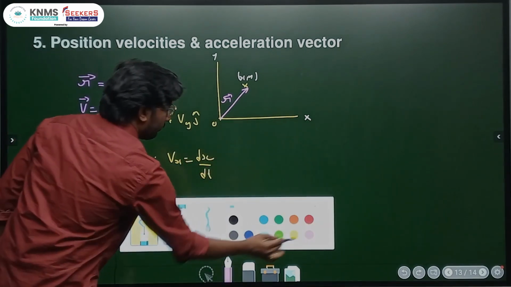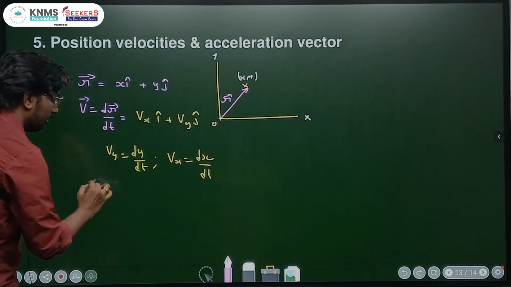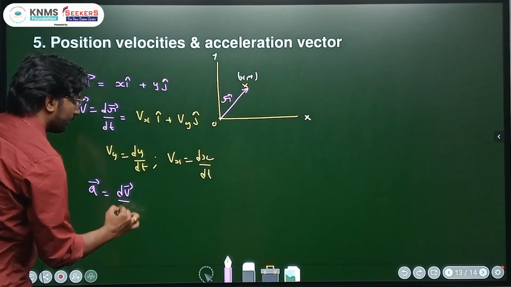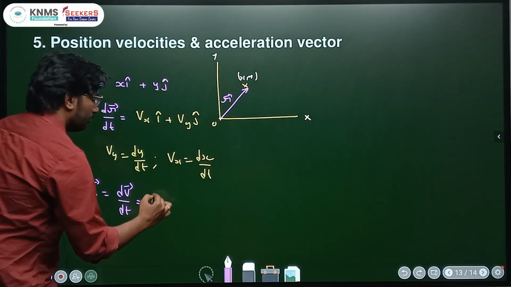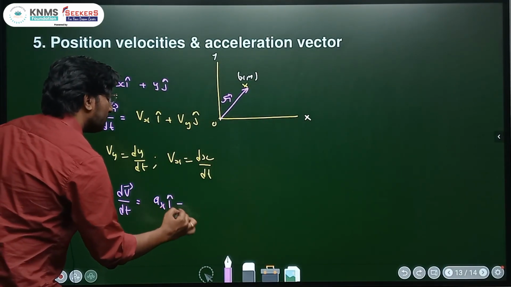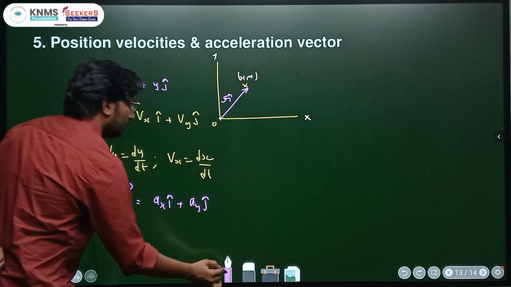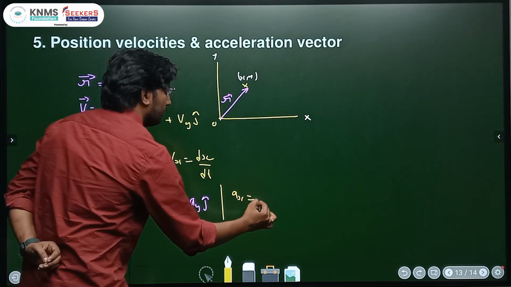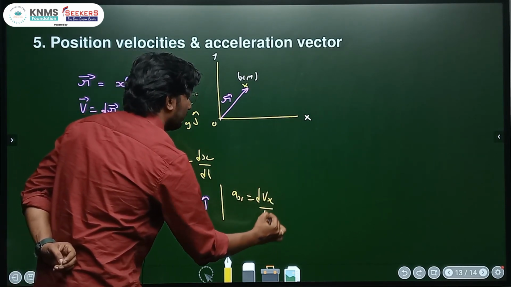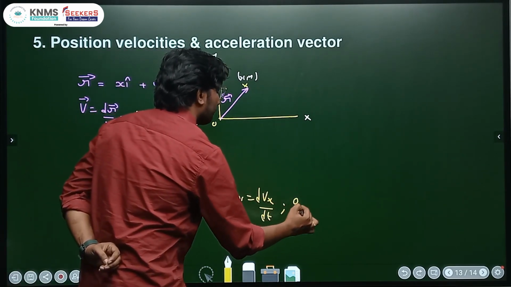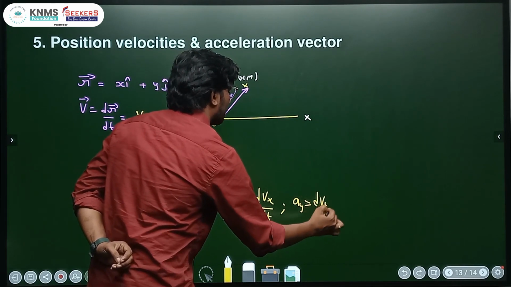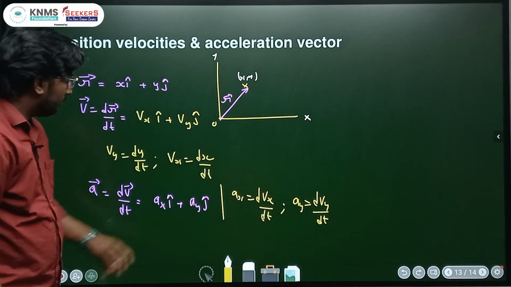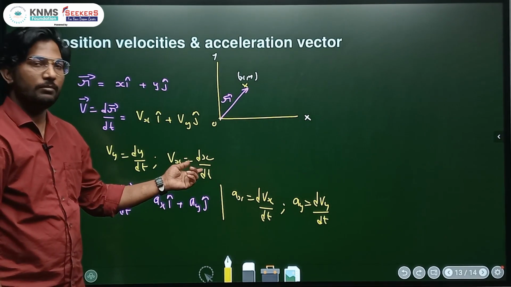And finally, if you want the acceleration vector, you can write it as the differentiation of the velocity vector, that should be equal to ax i cap plus ay j cap. How do you get ax and ay? We can write ax is dvx by dt and ay is dvy by dt.